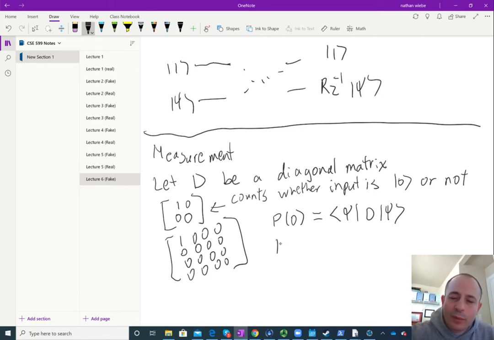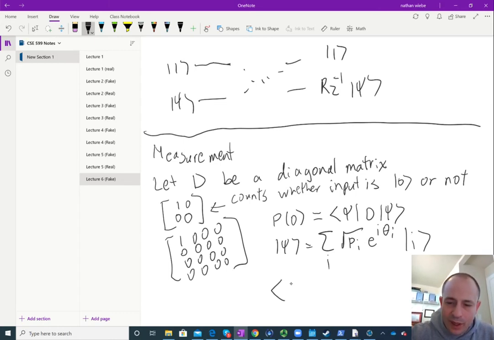However, if we write psi as the sum over i of square root p_i e to the i theta_i, then we can see that in general, psi D psi is equal to the sum over i of p_i d_ii.